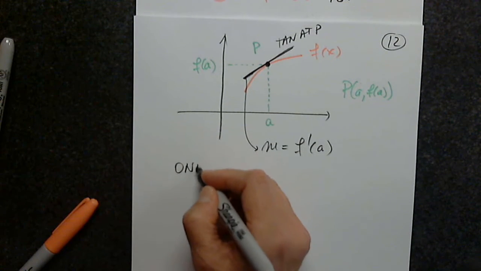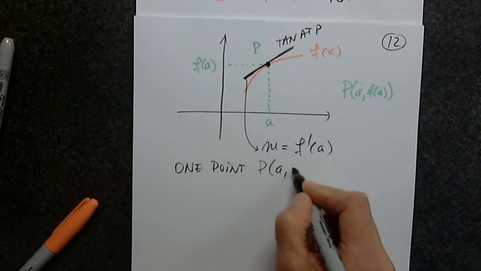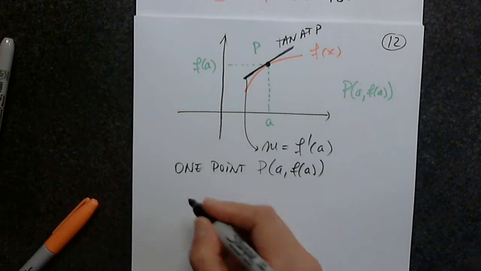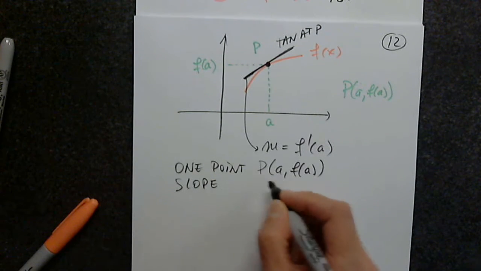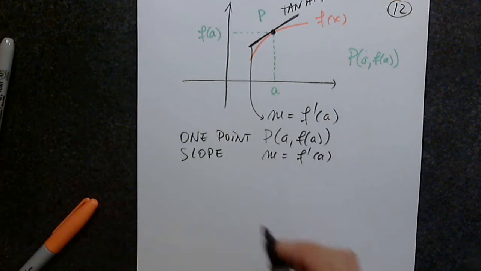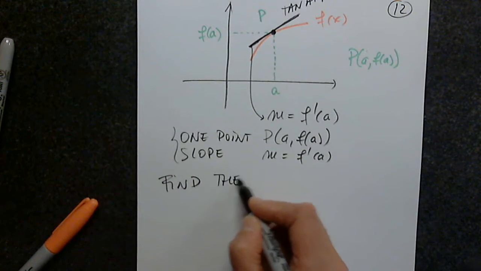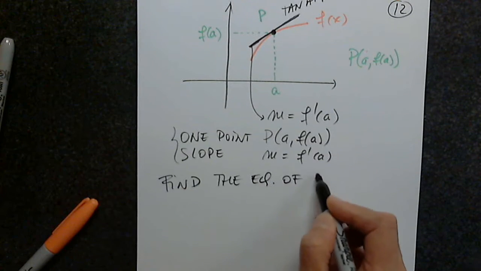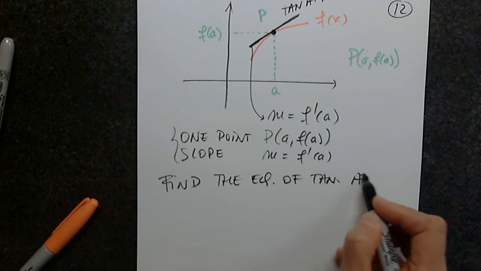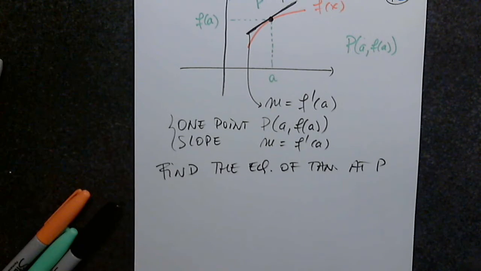We have one point, which is P, a, f of a, and we have the slope, which is f prime of a. And I would like us to find the equation of the tangent line at P. Tell me what you're going to use and what we plug in.